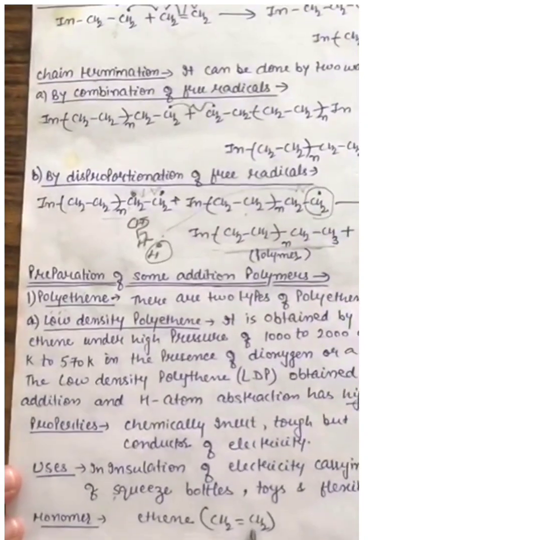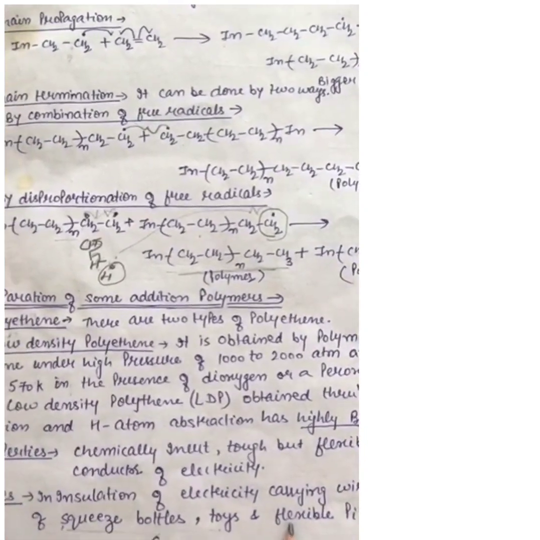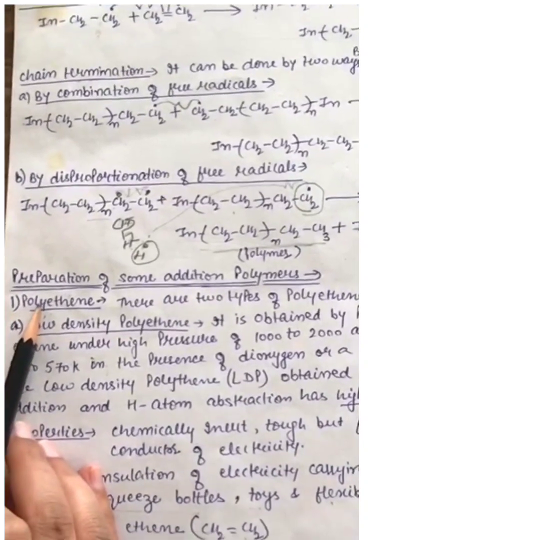So firstly, our polythene. As the name suggests, the monomer is ethene, and it is used to make squeeze bottles, toys, flexible pipes, etc. As we all know, polythene is of two types, low density and high density.